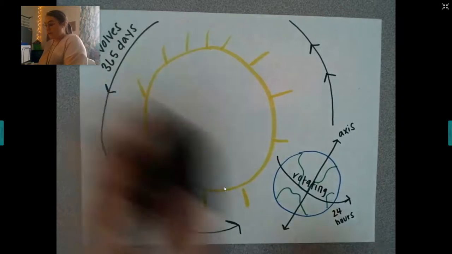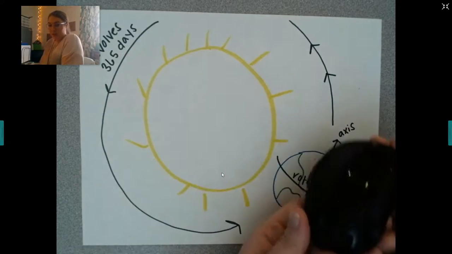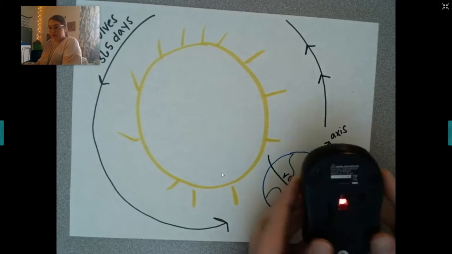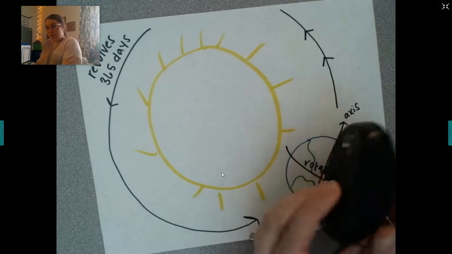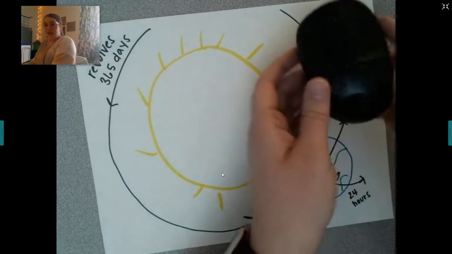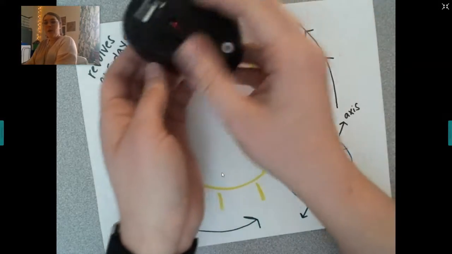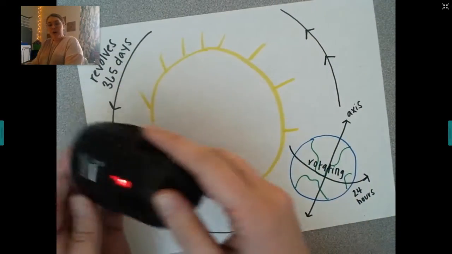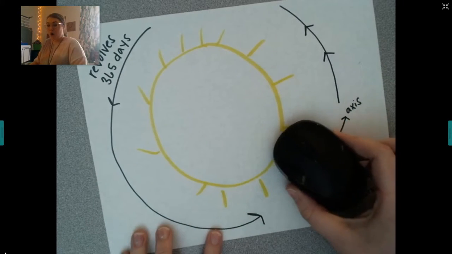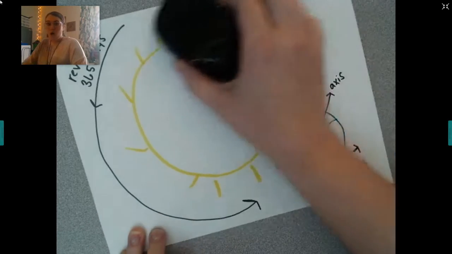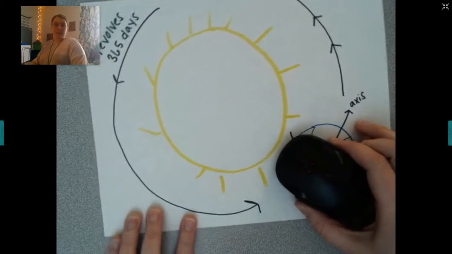So I have this rotating, this is my Earth. I have this rotating Earth. It is tilted on its axis and it takes 24 hours to do that. But while it's rotating, it is also revolving around the sun. And it takes 365 days for our Earth to get all the way around the sun.